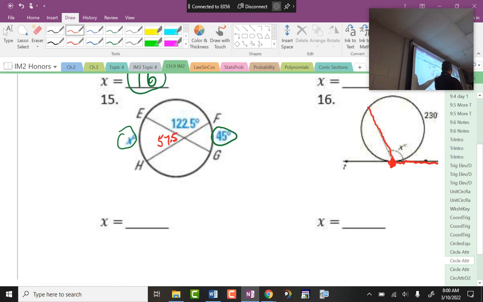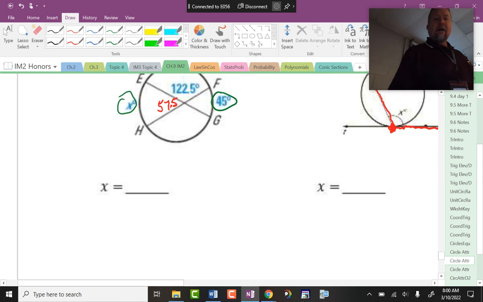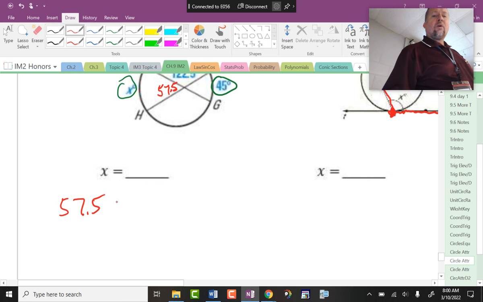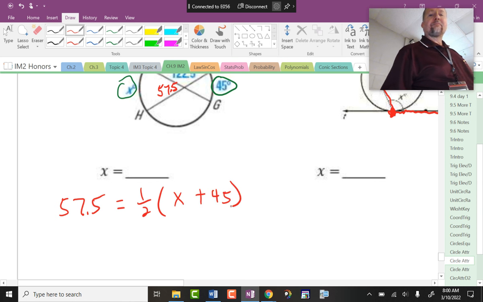So now that we have this angle, which is also this angle, we got the chord, and we have the angle that cuts one of those arcs. So this one we can go ahead and solve. Well, 57.5 equals half of x plus 45. Right?